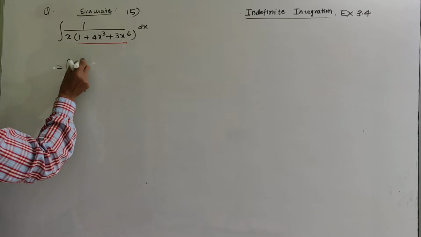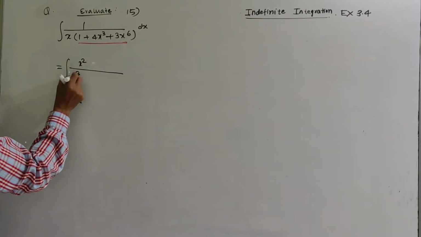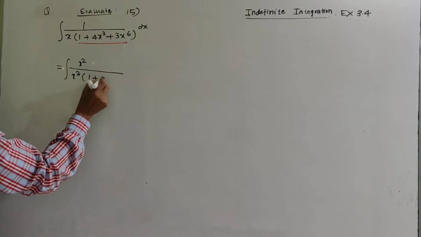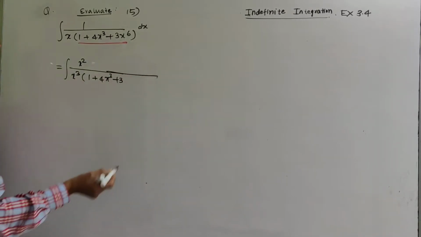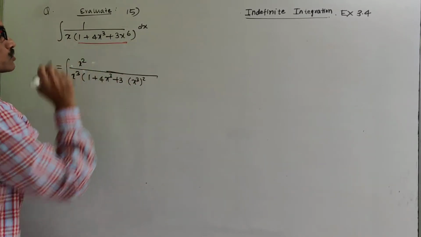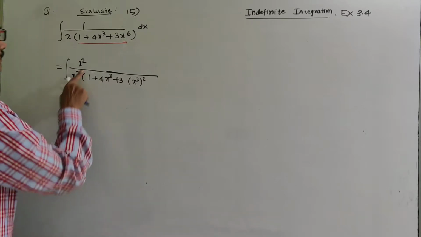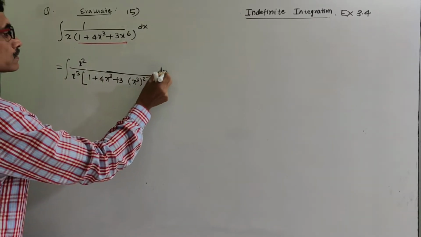This gives us x square upon x square into x, that is x cube, 1 plus 4x cube, 3x cube and square, that x raised to power 6, dx.